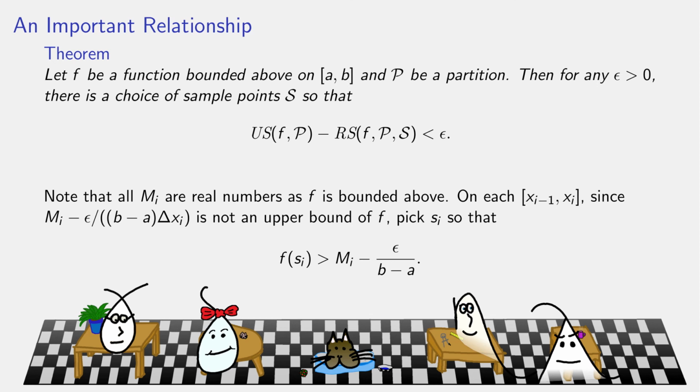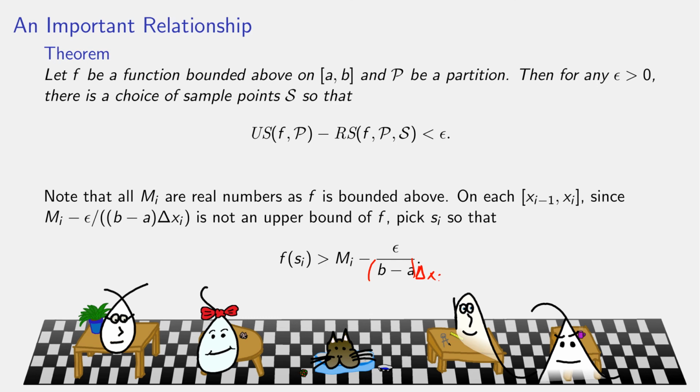Now capital Mi was the supremum of the function on that interval. So if I have a number less than the supremum, it's not an upper bound. In other words, it's possible to pick a sample point that evaluates to be larger than capital Mi minus epsilon over b minus a times delta xi. I'm sorry, there's a typo there. There should be a delta xi down here.